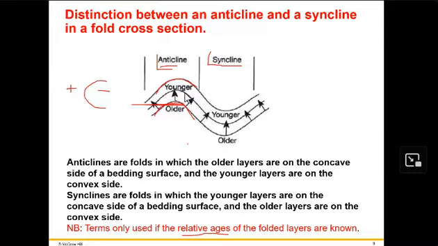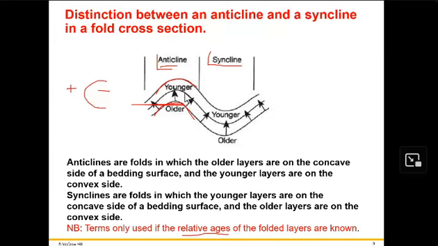If we know the relative ages of the folded layers, we can tell which is which. Do you remember the principle of superposition? Yes, sir. What does that principle say? Rock layers are arranged such that the older layers are at the bottom and the younger layers are at the top.